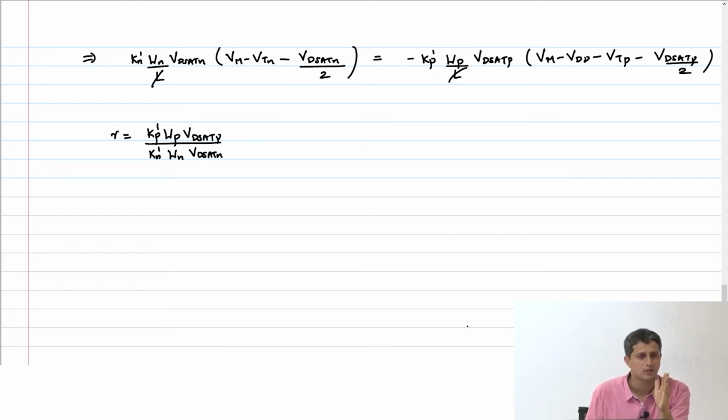Is R a positive number or a negative number? Kp prime is a negative number. Vd sat P is also a negative number. So negative, negative, positive. R is a positive number. Now can you go ahead and derive the expression for Vm in terms of R and the remaining technology parameters? Of course Vdd is also there.